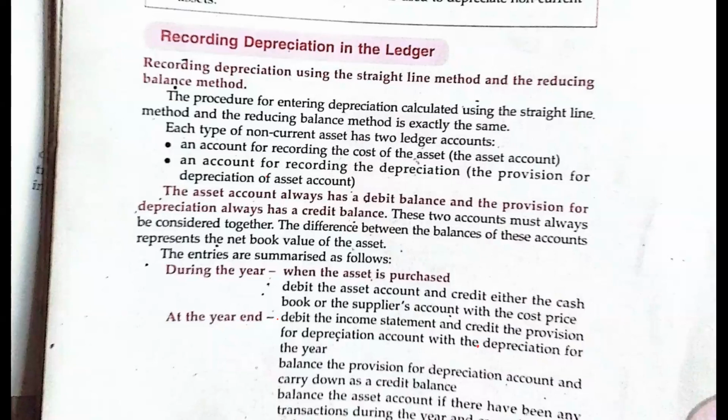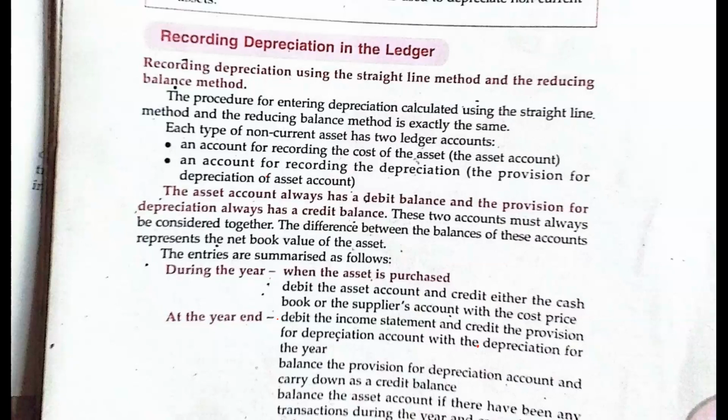How do we record depreciation in our accounts? That is what is very important. Of course, you may not be able to record without knowing how to calculate. So just know that knowing how to calculate does not mean everything. You have to know that there is still more to that. So the asset account always has a debit balance, and this is very important for you to learn.